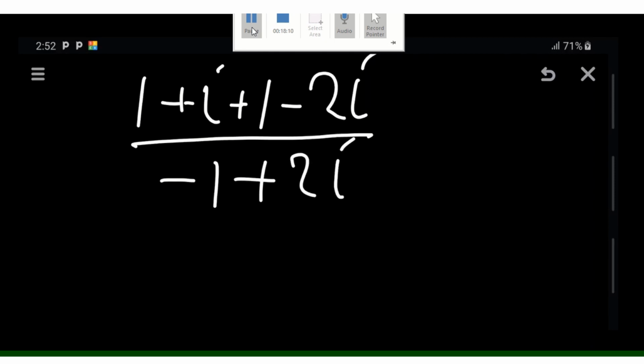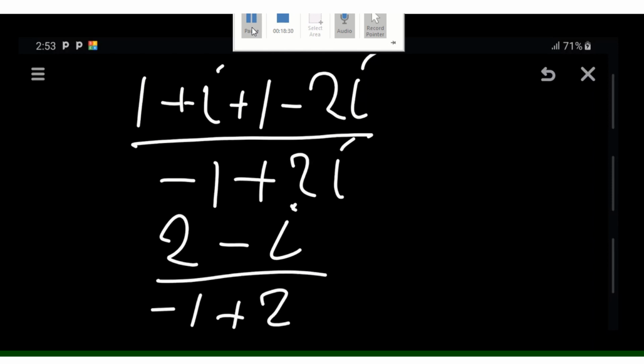So here you add what is on top. You have something which is alike. So this plus this one, 1 plus 1 is a 2. Plus i minus 2i is minus i over minus 1 plus 2i. So from here, I'm putting a dot there, meaning there is conjugation.